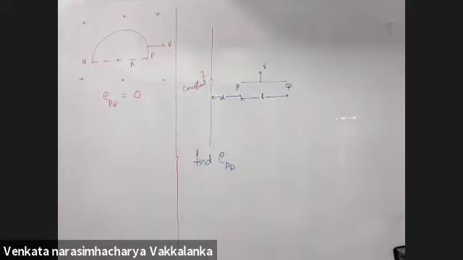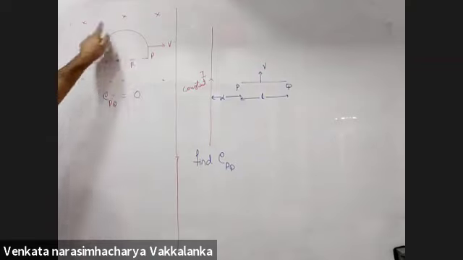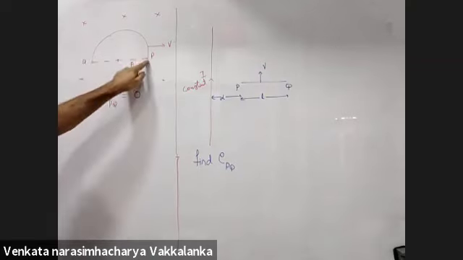So in the first example, what was the first reason you had given for the EMF to be zero? Net EMF along this length is 0. Okay, sir. Got it.